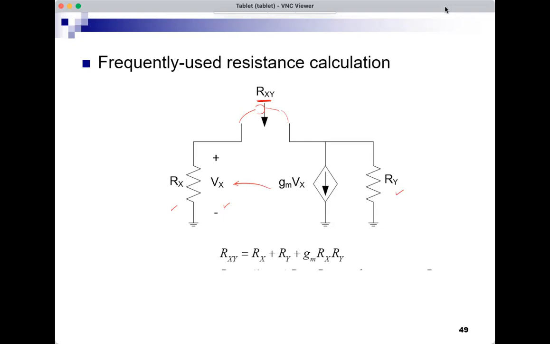It's Rx, so the resistor on this side, plus the resistor on this side, plus Rx times Ry times Gm. So Rx plus Ry plus Gm Rx Ry. We call this the RXY formula. And we will make it into a rule because we will use it a lot. So this is the resistance seen by a capacitor like CGD in the common source amplifier: R prime sig plus R prime L plus GM R prime sig R prime L.